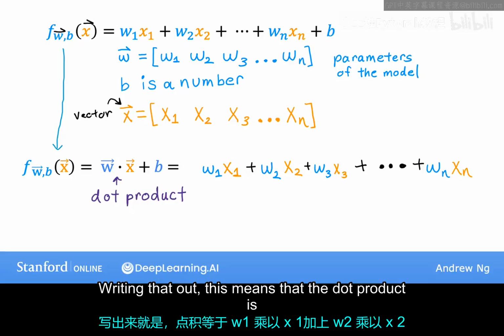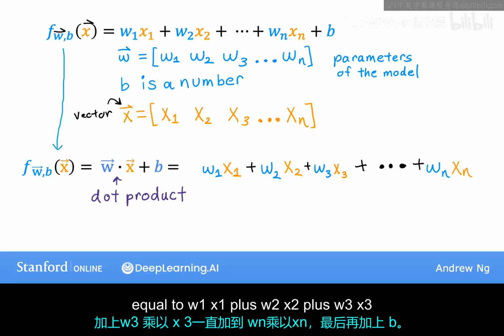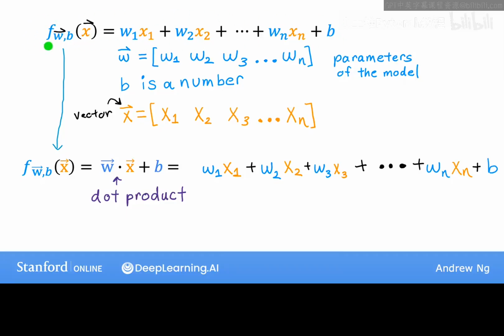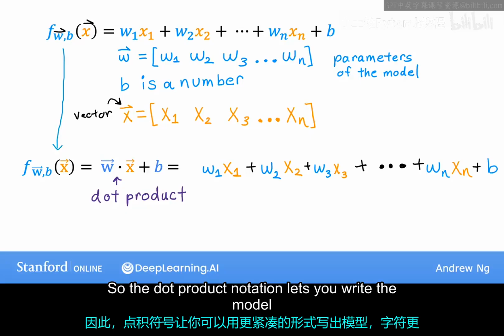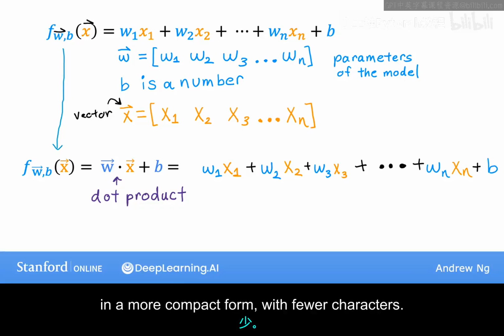Writing that out, this means that the dot product is equal to W1 X1 plus W2 X2 plus W3 X3 plus all the way up to Wn Xn. And then finally, we add back in the B on top. And you notice that this gives us exactly the same expression as we had on top. So the dot product notation lets you write the model in a more compact form with fewer characters.